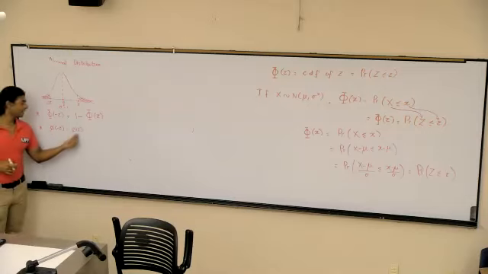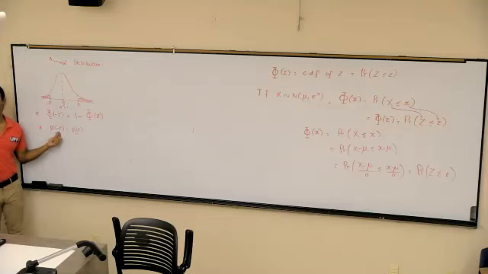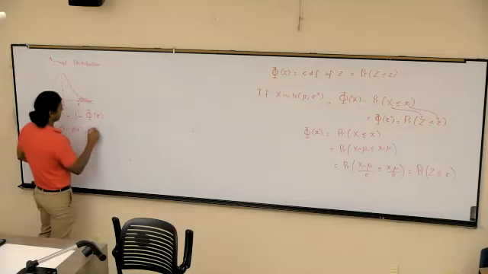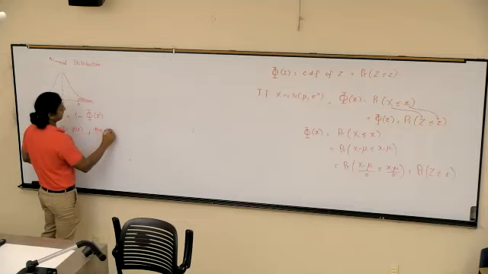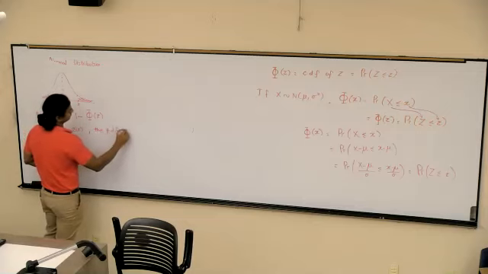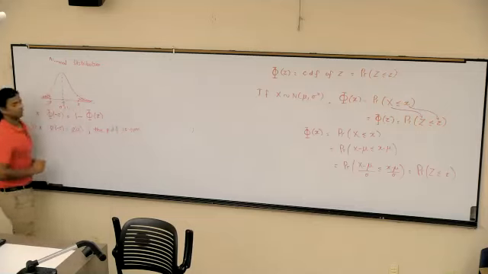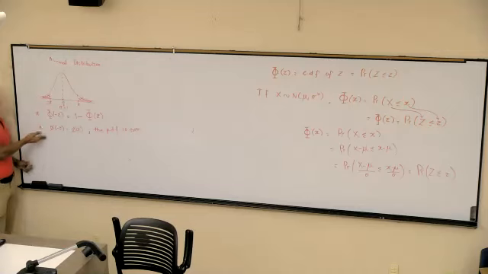If you change z to negative z, you will still get the same function, which makes the density function even. And because of this even symmetry, that holds true. So those two are related.